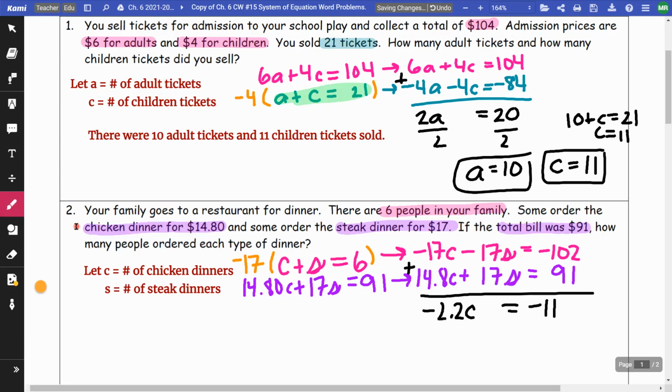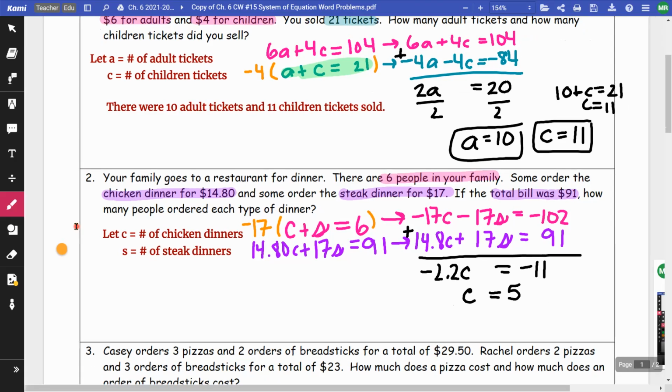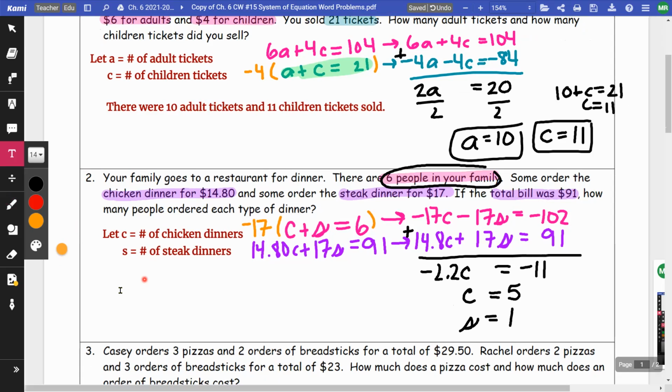I divide that by negative 2.2. And when I do, I end up with 5 chicken dinners. Now, remember, there were 6 people in the family total. So that means that there is one steak dinner. So we write our answer in a complete sentence.